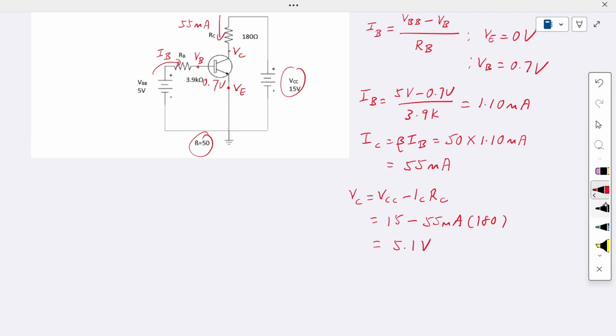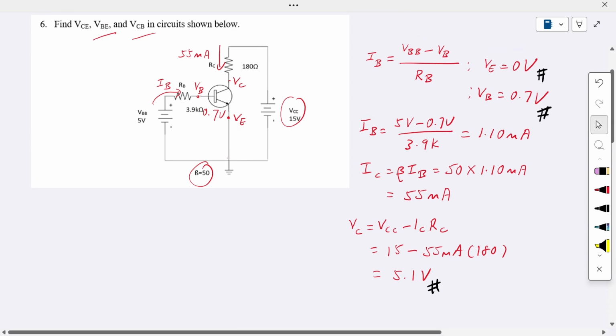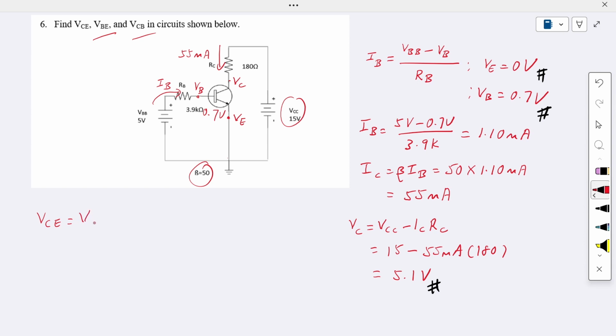Now we have VC, VB and VE, so we can find the inter-terminal voltages. For VCE, we have VC minus VE. VC is 5.1 volt minus VE 0 volt, so VCE is equal to 5.1 volt. This is our answer for this inter-terminal voltage.